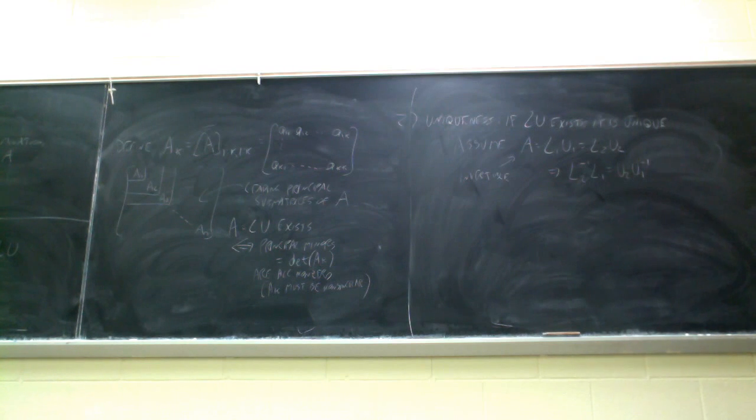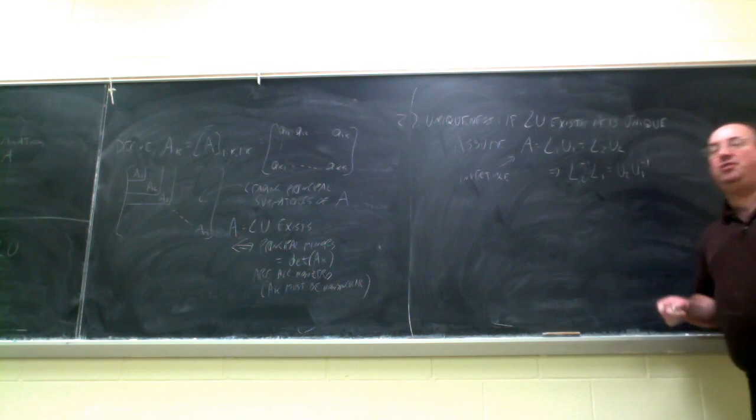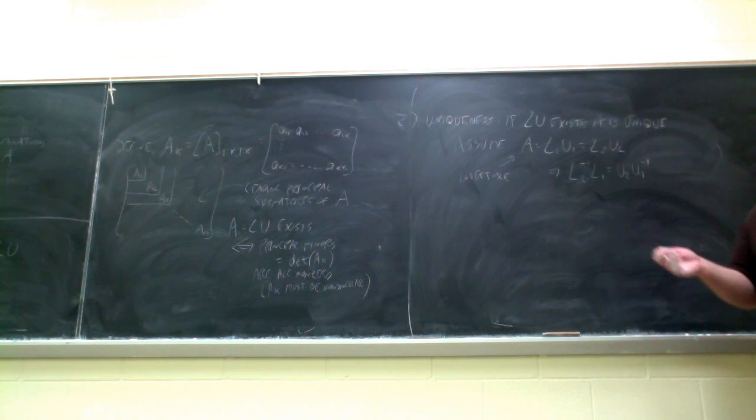Now, what kind of matrix do we have, structure-wise, on the left? L2 and L1 are both lower, so the product as a whole is lower. What else can we say about it?